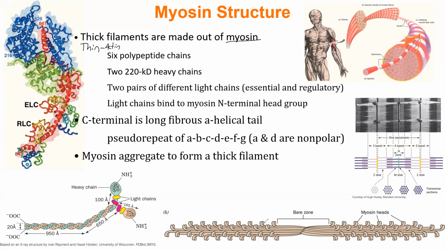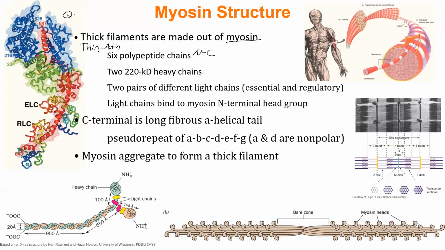And in picture B on the bottom right of your screen, that's what myosin looks like in your muscles. So let's talk about this. Myosin is made out of 6 different peptide chains. Just as a reminder, a peptide chain is amino acids, N terminus to C terminus. And we have 6 of these coming together to make one protein.